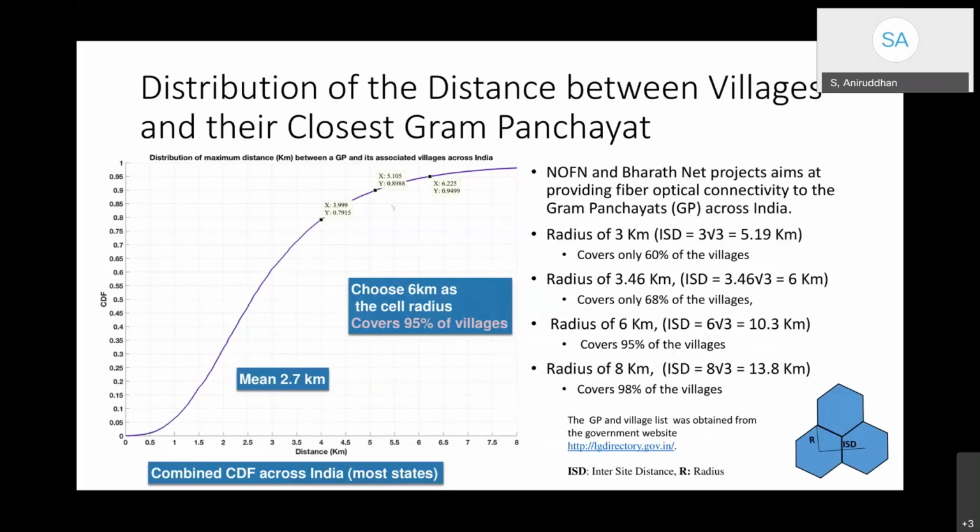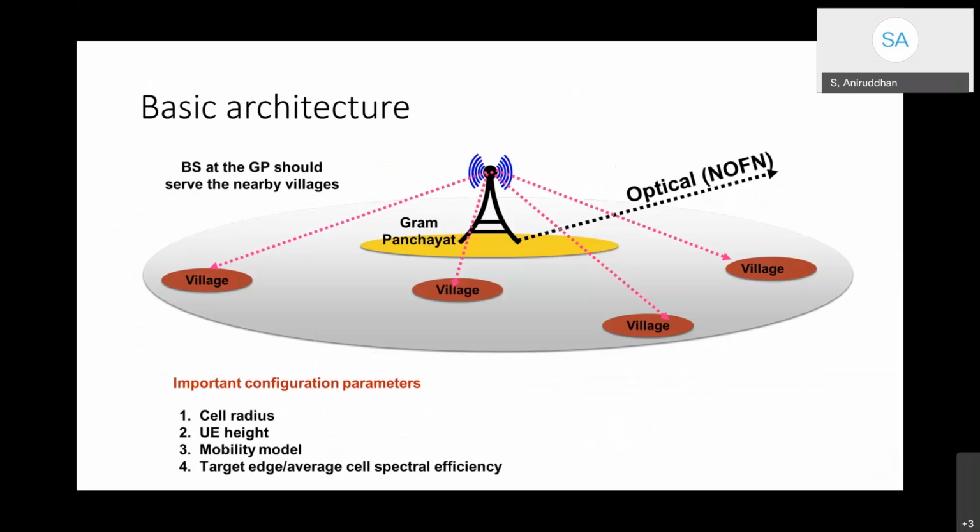It turns out that for a 6-kilometer radius, you will cover 95% of villages, with the mean being 2.7 kilometers. This is the combined CDF across all of India, covering most of the big states. So it looks like a radius of 6 kilometers is the ideal cell size to cover rural Indian users. Now, the basic architecture, as I've shown, is going to be like this.